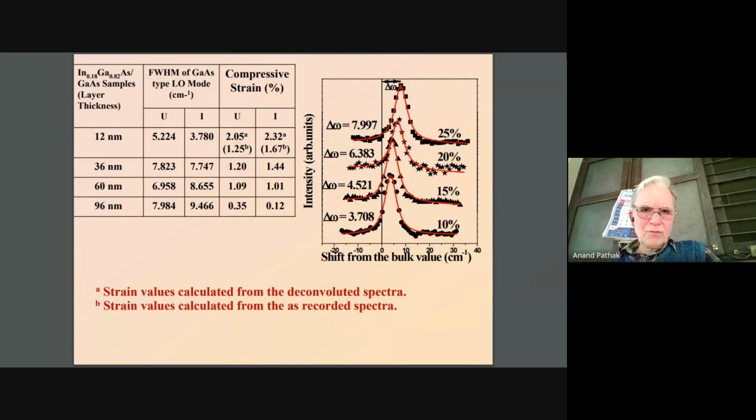And then if you irradiate them, there is compressive strain and tensile strain. For example, for thinner layers, 12 to 36 nanometers, after irradiation the strain is increasing. But if it is thick, then it is decreasing. Strain increases for a thinner layer and decreases for a thicker layer.